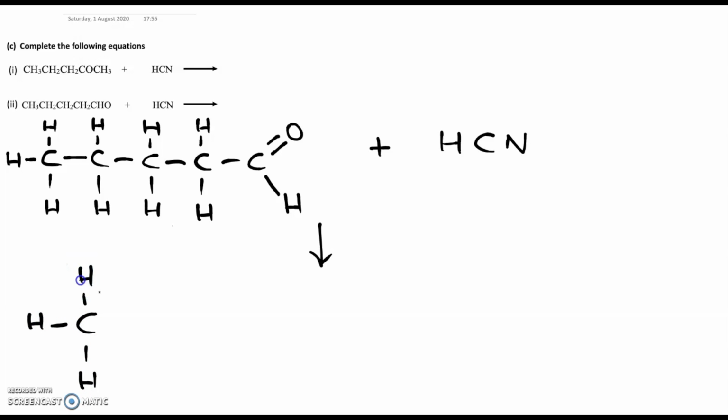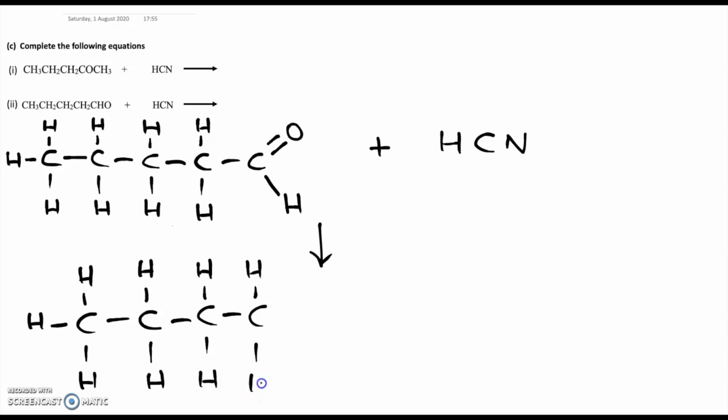So my product is going to be CH3, CH2, CH2, bonded to another CH2, and then I'm going to break the carbon oxygen double bond, and I'm going to have a COH. The cyanide is going to join to the same carbon, and a H.